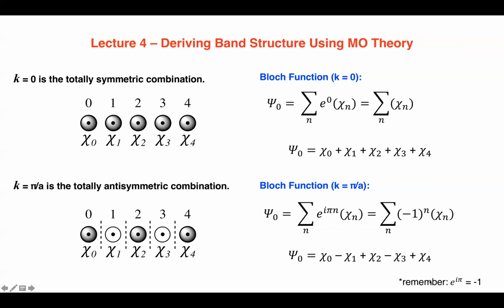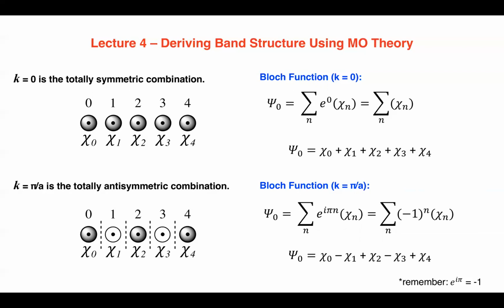And e to the i pi n is also relatively easily solved because e to the i pi is equal to -1. This is a consequence of the cosines and sines that were shown on the previous page, or you can just remember that e to the i pi is equal to -1.